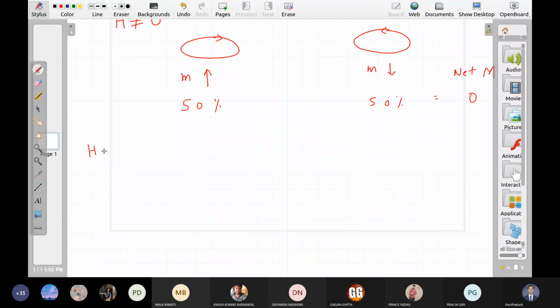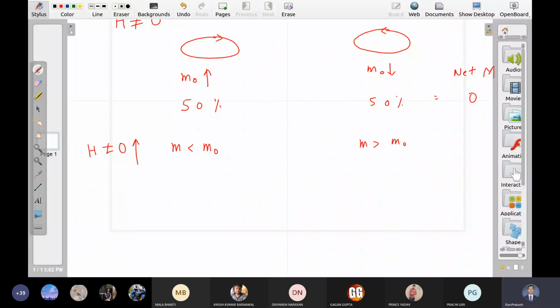But when we apply some external magnetic field, let us say direction is up, the initial magnetic moment was m naught. Now the magnetic moment of those electron orbits which are parallel to the field, their magnitude decreases, and those which are opposite to it, their magnitude now increases.